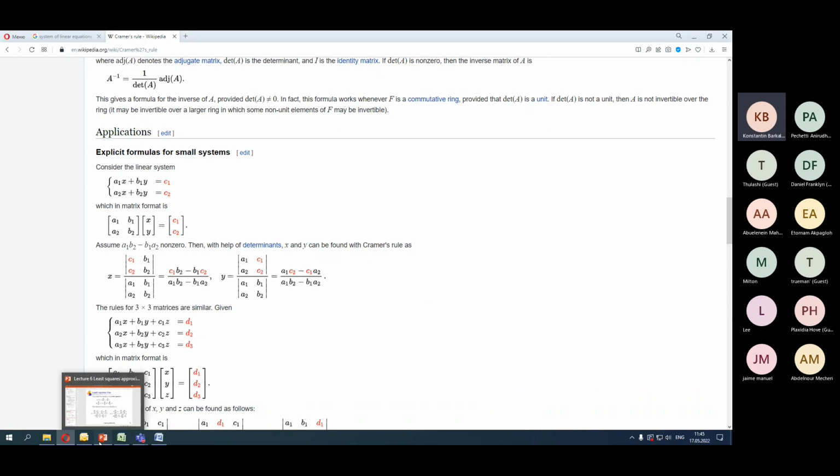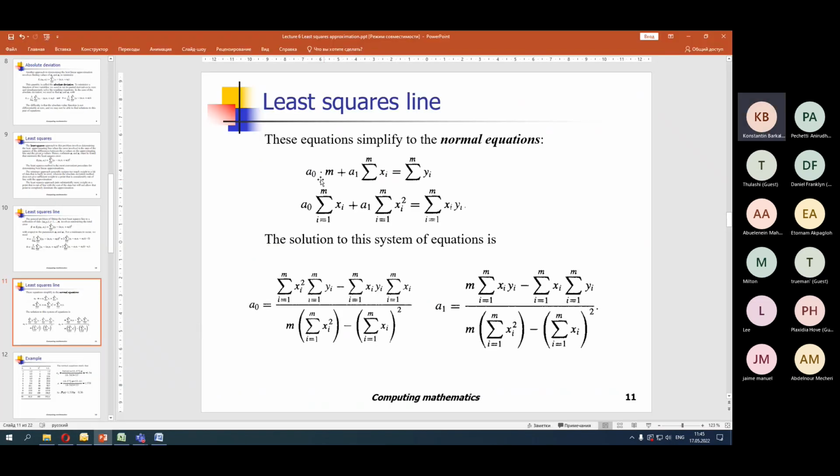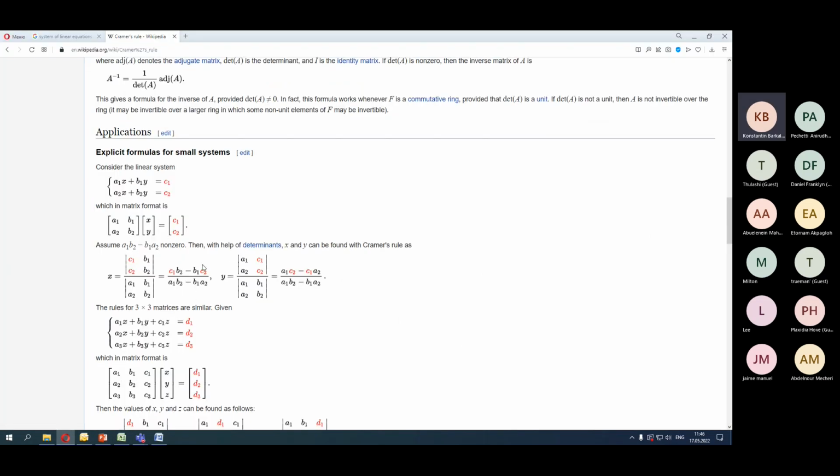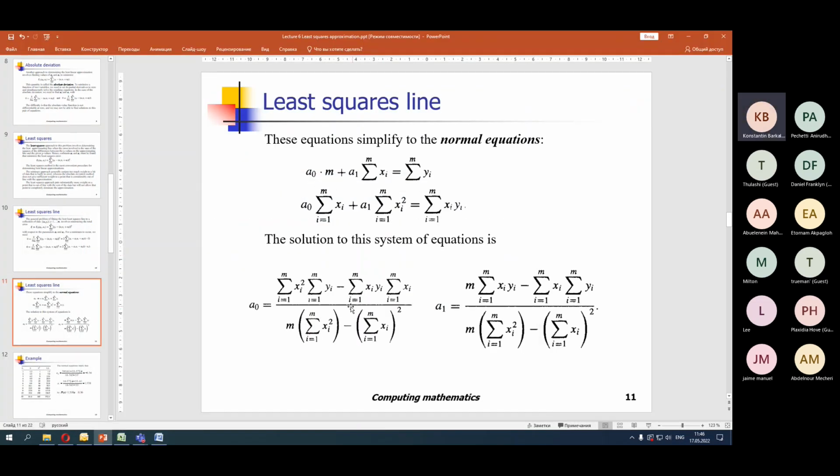In this case, the formulas for A0 and A1 can be written explicitly. So this is the formula for the first unknown, this formula for the second unknown. As you see, I just applied here the Cramer rule to find A0 and A1.